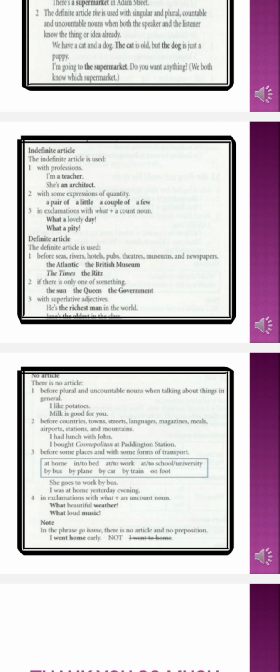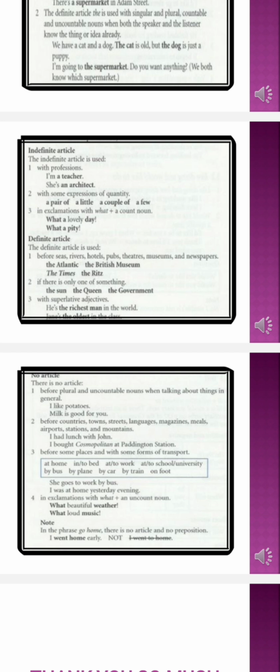For example, a pair of, a little, a couple of, a few. Number 3, in exclamations with what plus a count noun. For example, what a lovely day. What a pity.